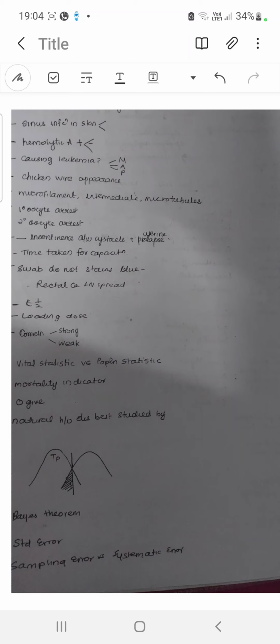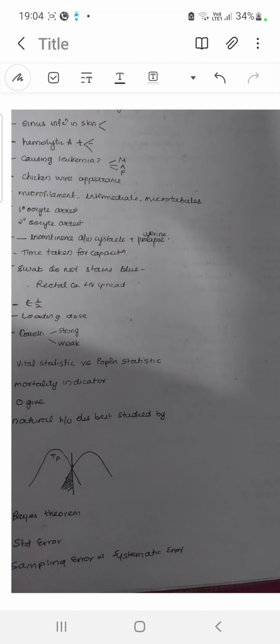Loading dose is equal to clearance into volume of distribution. Correlation: if it is strong, it will be more than 0.5. Less than 0.5, weak correlation. It can be positive or negative, so plus 0.5. If negative correlation, you can take it as minus 0.5.